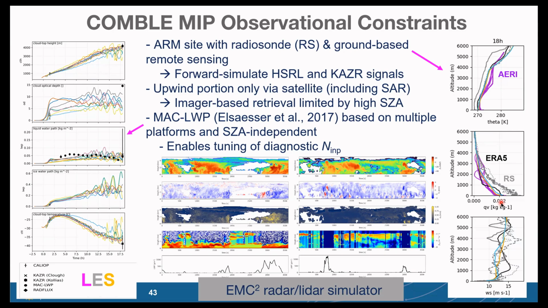Right, we found subsidence to not really be important in this particular case. Right off the ice edge, when the boundary layer is still shallow and there's still a strong inversion, there is an effect of the subsidence. We did tests, of course. But once you get about halfway through the simulation, the boundary layer just grows so rapidly that it doesn't even matter. Okay. Thank you. Yeah, thank you.